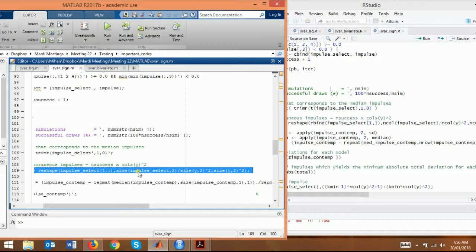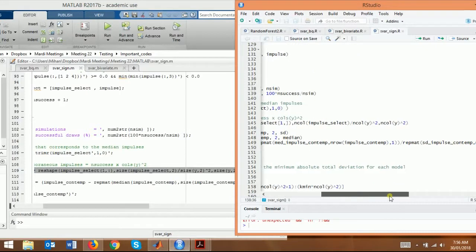So this is X, rows by rows, reshaping by rows and by columns. This is the number of rows I want, which is the size of columns divided by size of column squared. Generally there are 2 divided by 4. Number of rows I want, and number of columns I want, 4.